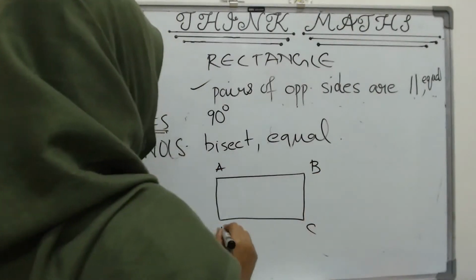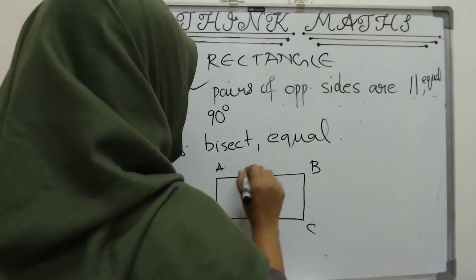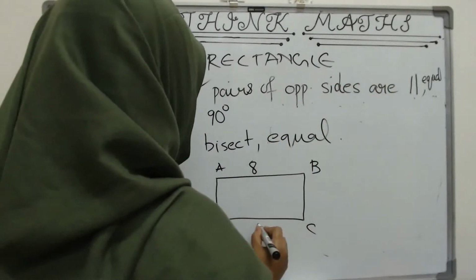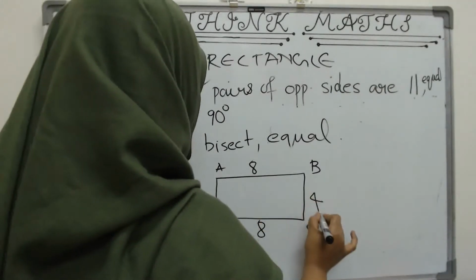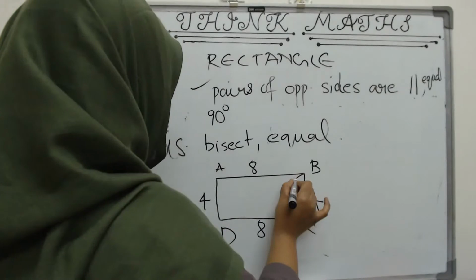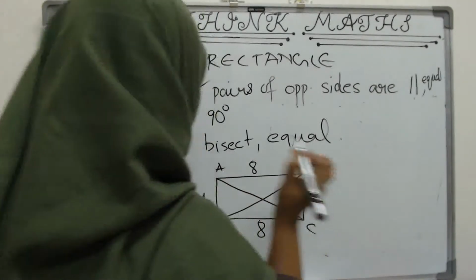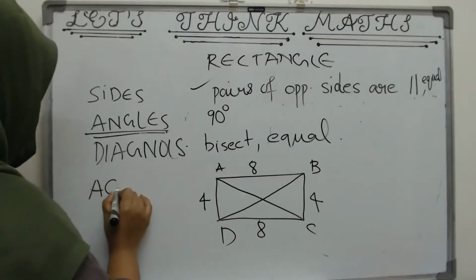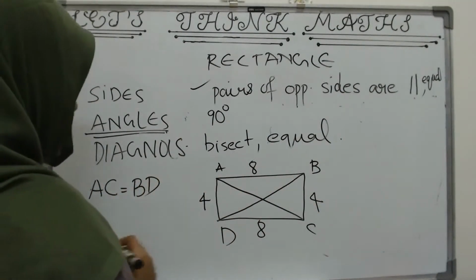We already have from the sides that the opposite sides are equal. That means, say if this is 8, this will also be 8. If this is 4, then this will also be 4. And what they are saying is that the diagonals will also be equal. If you consider AC and BD, they both will be equal.